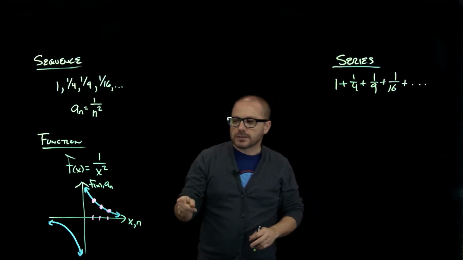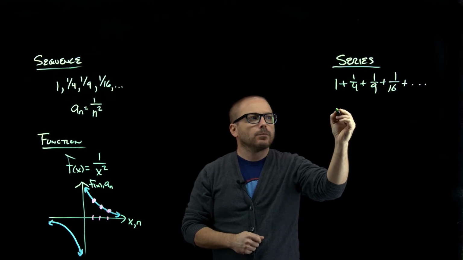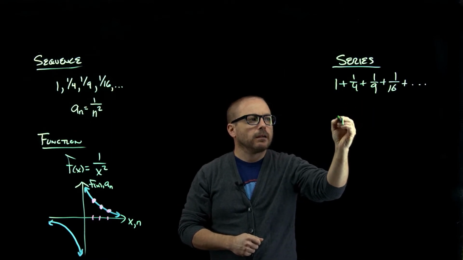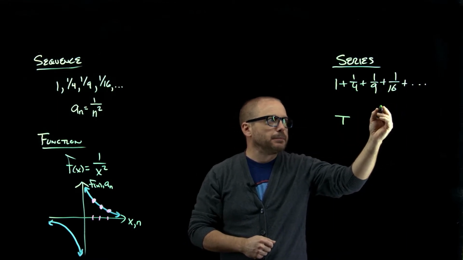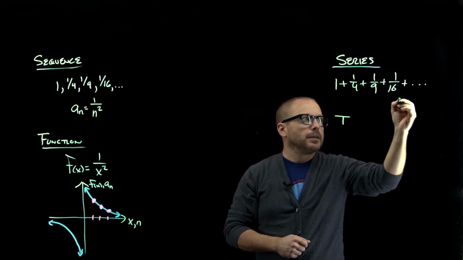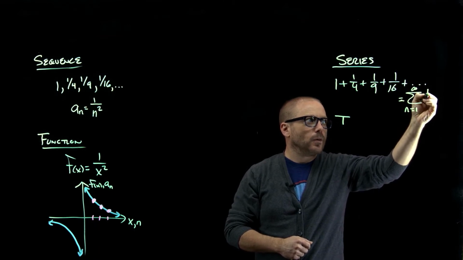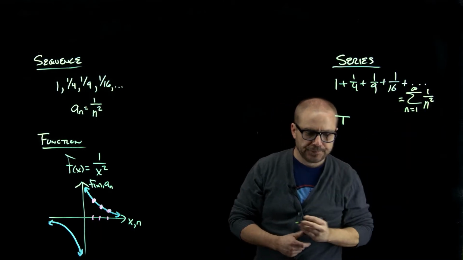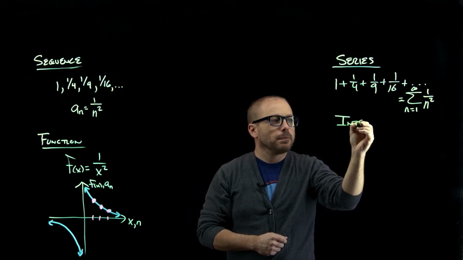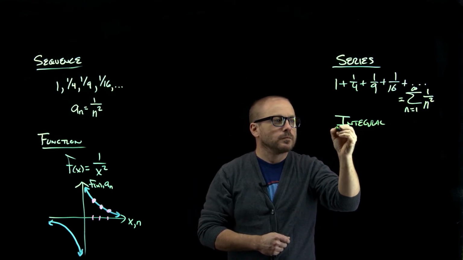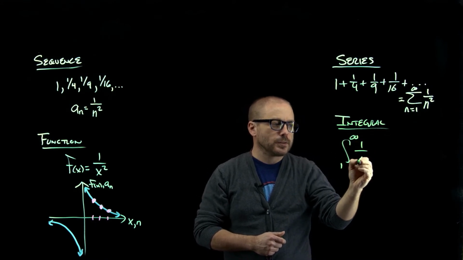Well, it's very closely related to the improper integral. Actually, let me use the symbol we would use here. This is the sum, n from 1 to infinity of 1 over n squared, versus the integral from 1 to infinity of 1 over x squared.